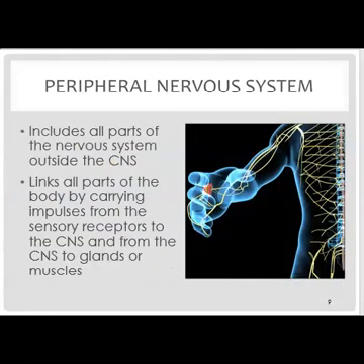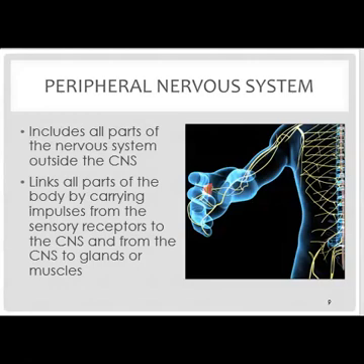The peripheral nervous system basically is going to link all of the different parts of the body by carrying impulses from the sensory receptors to the central nervous system, and then from the central nervous system to glands or muscles. The central nervous system is going to make decisions and integrate, but it needs to get that information.